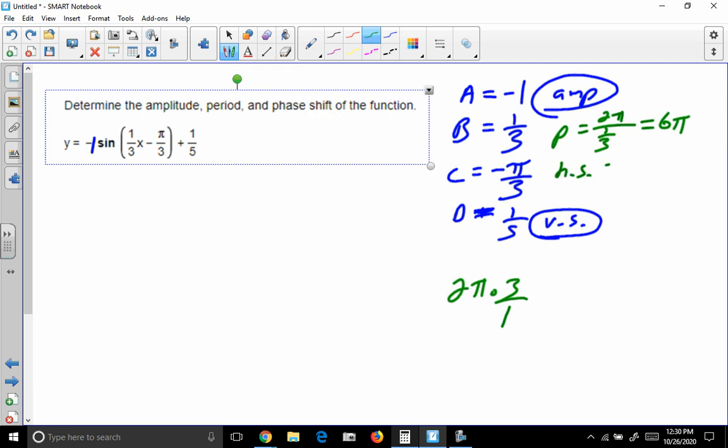Our horizontal shift is C divided by B. If we divide pi over 3 by 1/3, we're multiplying by 3 over 1, so we would get pi units, and that's to the right. Our vertical shift was up, because that's a positive. So that's our amplitude, our period, our phase shift. The phase shift is the horizontal shift.